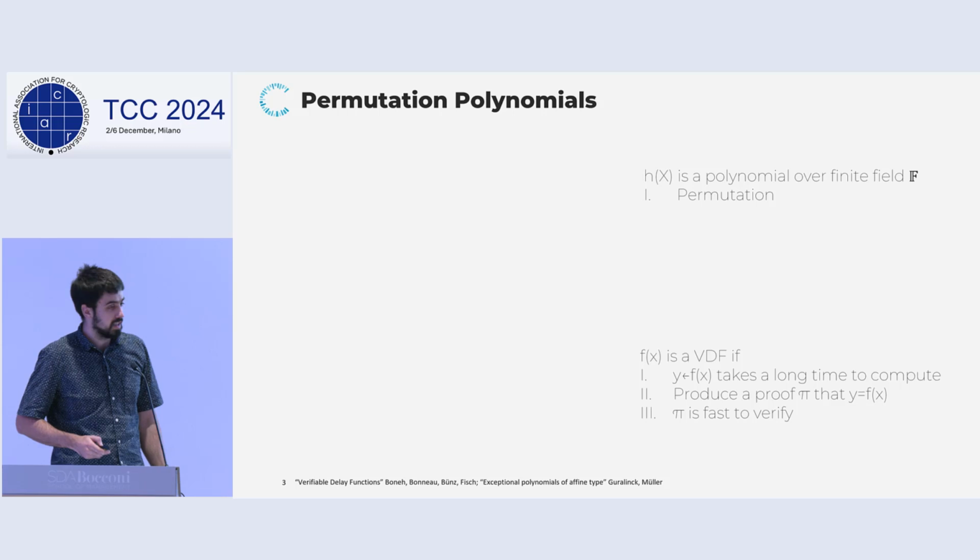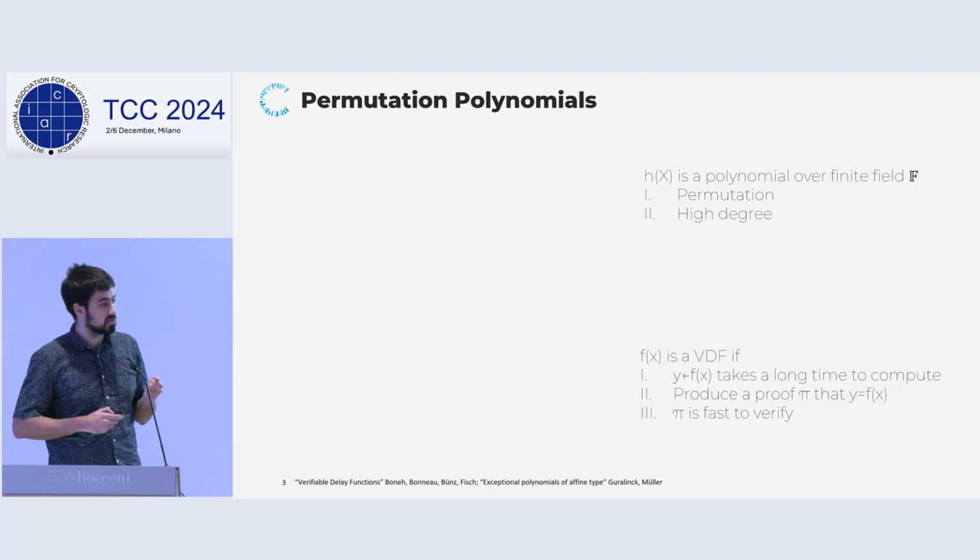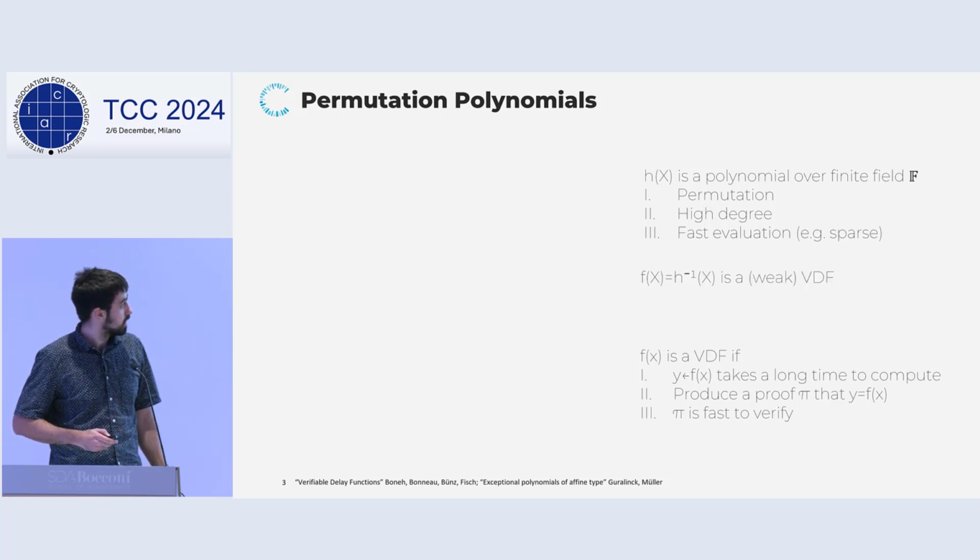We require it to be a permutation, high degree, so the time parameter scales with the degree, and it needs to be fast to evaluate. And now they conjecture that inverting this polynomial is a weak VDF.